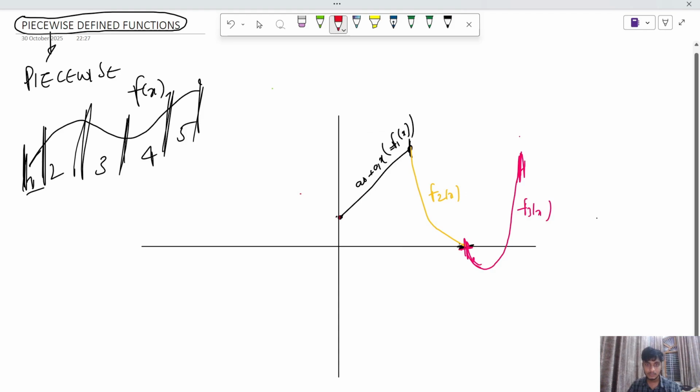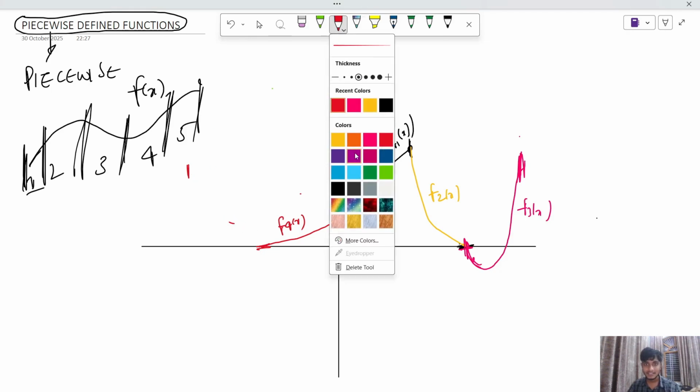Let's call this function f4 of x, and let's say something, I'm just trying randomly. Let's take a different pen.